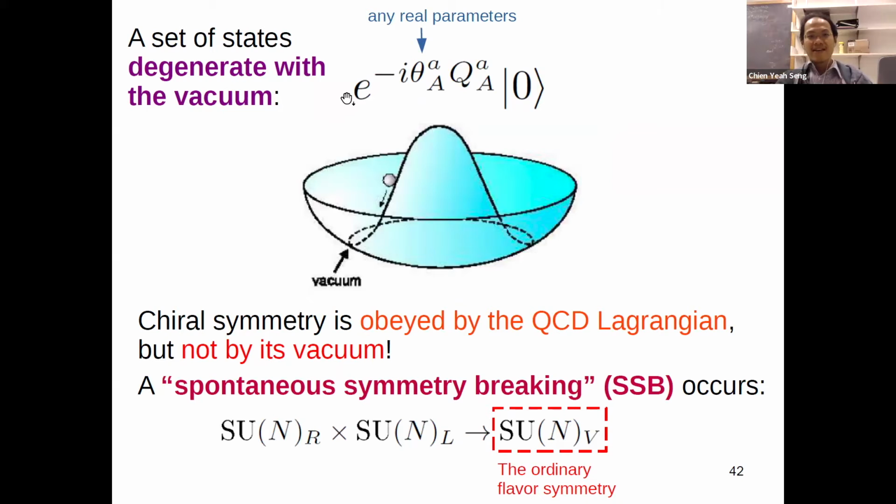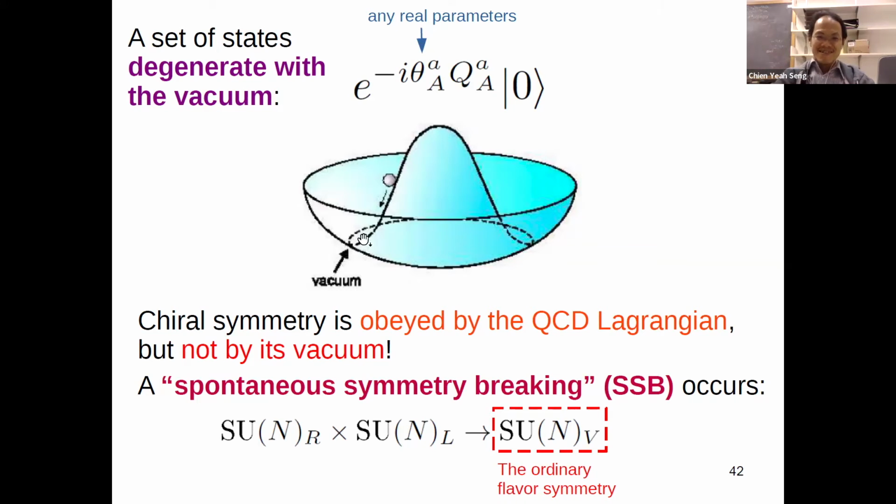And then if you apply the operator exponential of QA with an arbitrary real parameter on the vacuum, since QA does not annihilate the vacuum, this operator acting on the vacuum does not give you the original vacuum, but this new state will have exactly the same energy as the original vacuum because it is just creating a bunch of massless particles. So the vacuum plus massless particles just gives you the same zero energy, right?